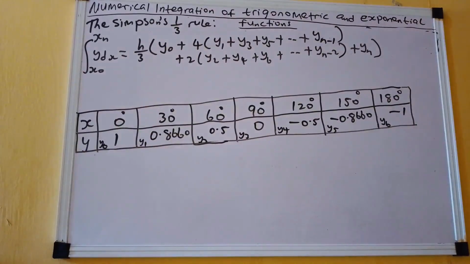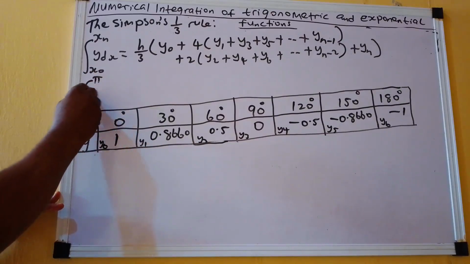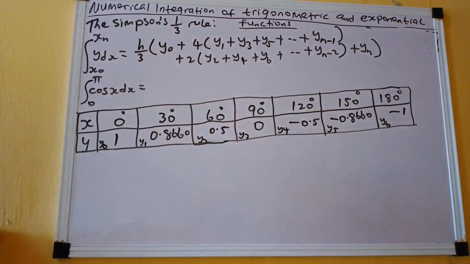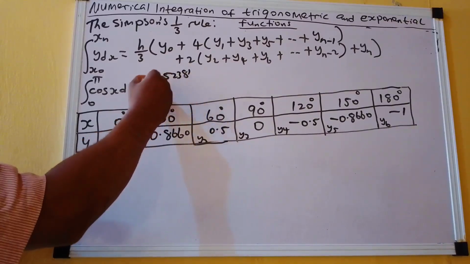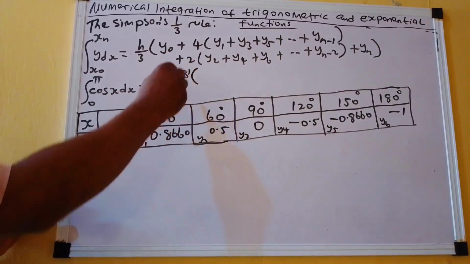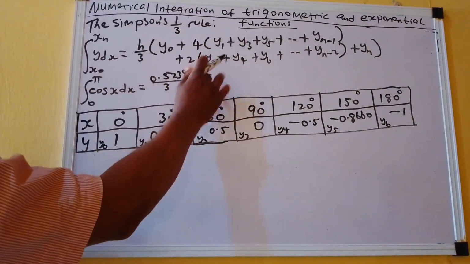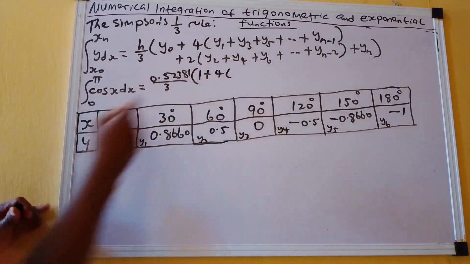Now let us apply it to solving the problem: the integral from pi to 0 of cos x dx will now be equal to, note again, our h gotten in radian is 0.52381, so it will be 0.52381 all over 3. Then you open your bracket, our y naught is 1 plus 4 into the list.